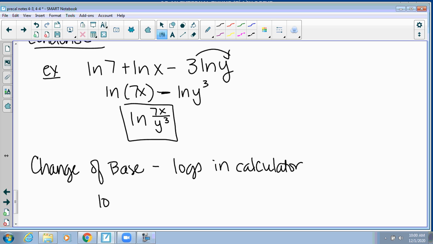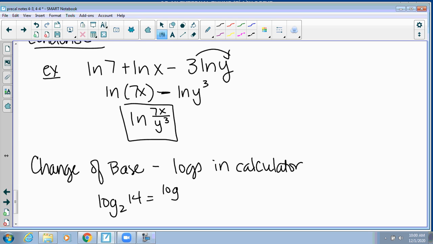So if I've got something like log base 2 of 14, and it's not something I can figure out in my head, I don't know 2 to what power is 14, it's not a whole number, it's bigger than 3 but less than 4 just because I know the powers of 2. But if you're not certain and you know it's going to be a decimal, this is how we're going to write this to figure it out in our calculator.